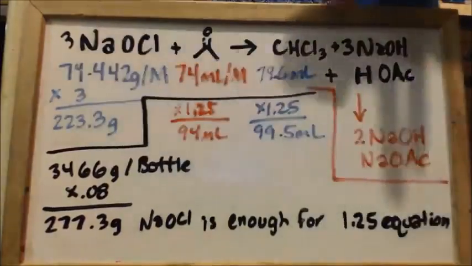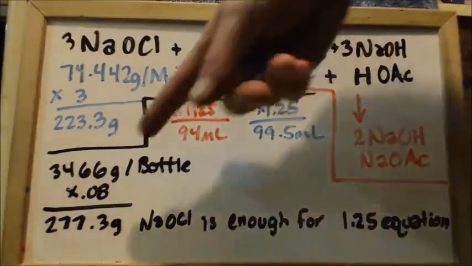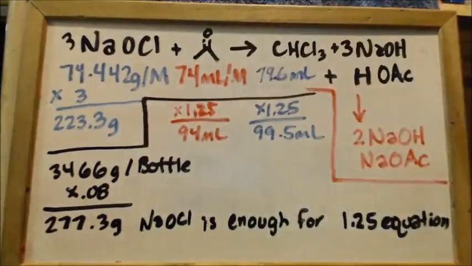It's the same formula. The bottle I used was a Clorox bottle, and I just weighed it. I took the weight of the plastic off and weighed the liquid, and it was 3,466 grams, right? It says it's 8.25%. I took it as 8%. That way I have a little bit extra Clorox in there.